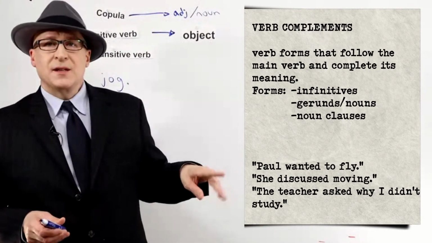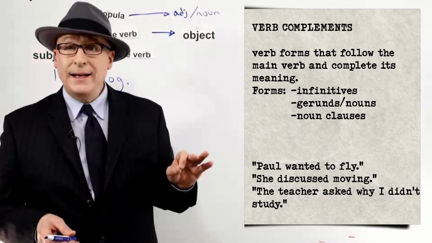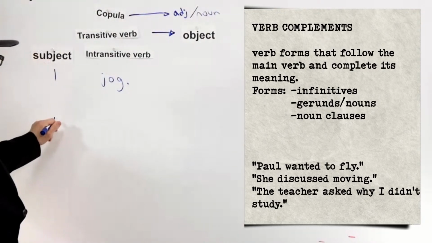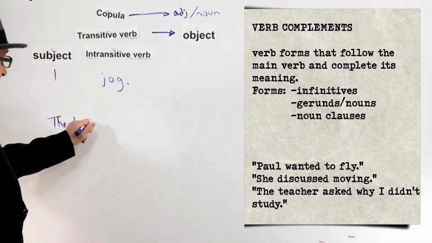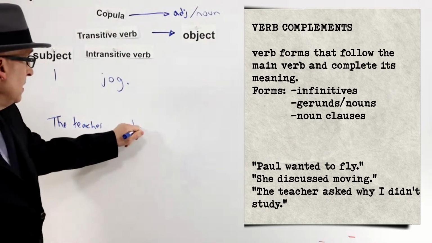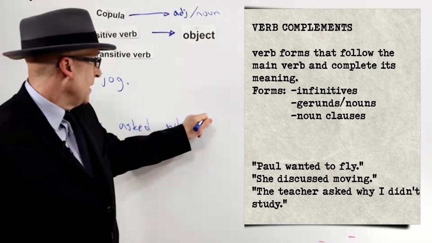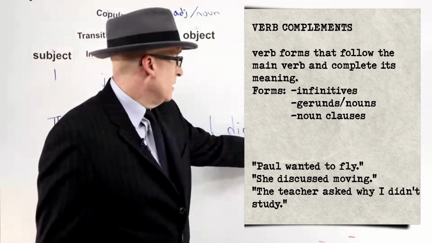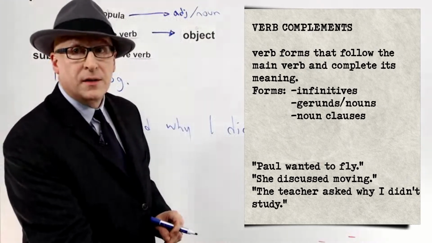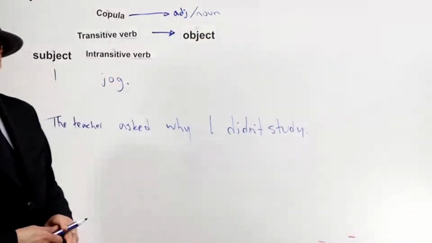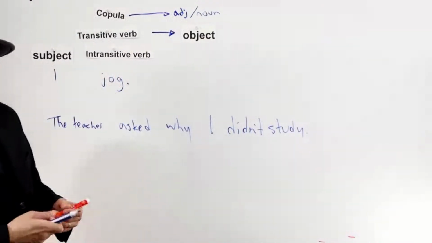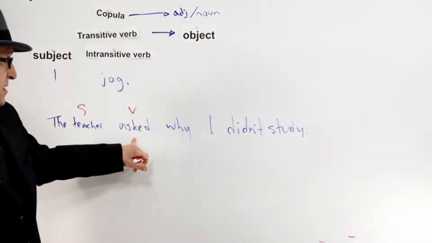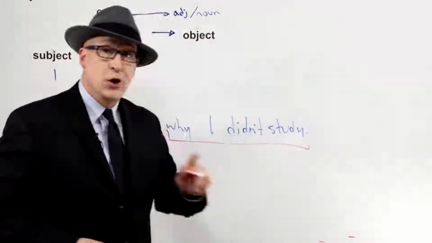The last example says, the teacher asked why I didn't study. And if we look closely at that one, the teacher asked why I didn't study. I'm just going to clear this. In this sentence, we have our subject, teacher, we have our verb, asked, and then we have this whole new clause.